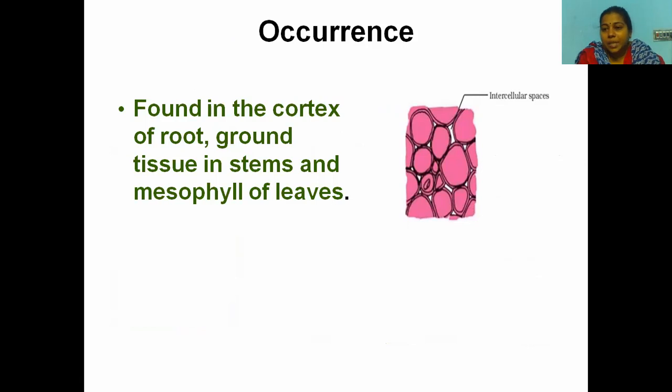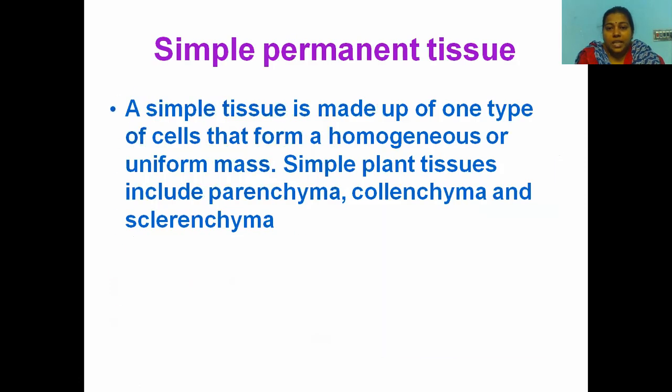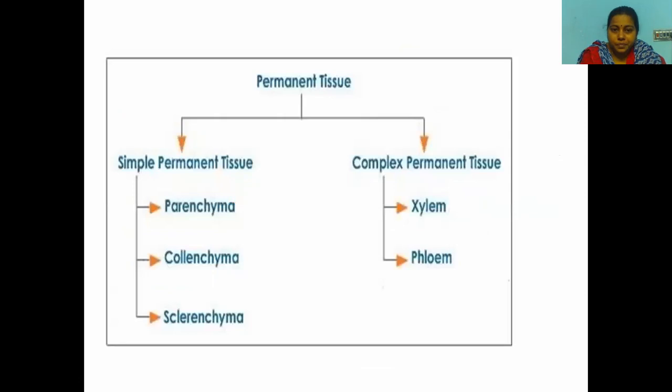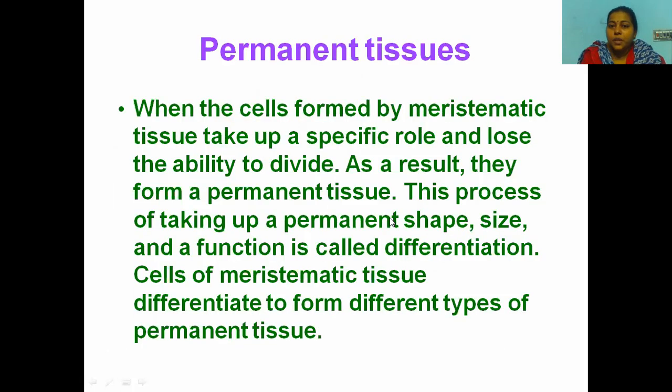In the next class, I'm going to explain about the collenchyma and the sclerenchyma. So, once again, let us rewind the very important points, children. Permanent tissues, different types, simple, under simple, parenchyma we discussed. In the next class, let us discuss collenchyma and sclerenchyma. If time permits, I'm going to explain these complex tissues also.